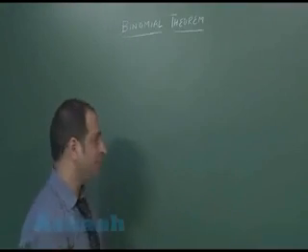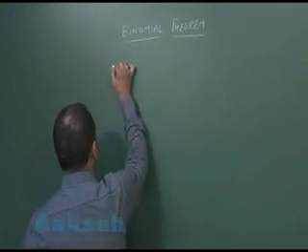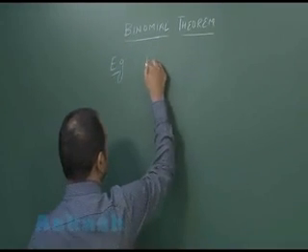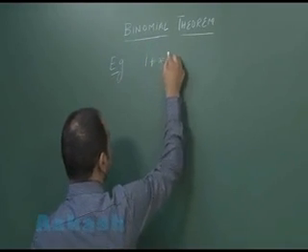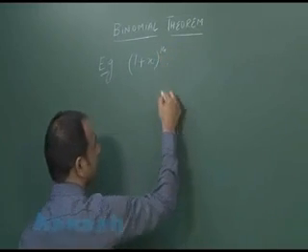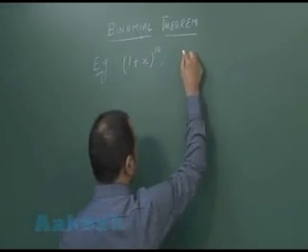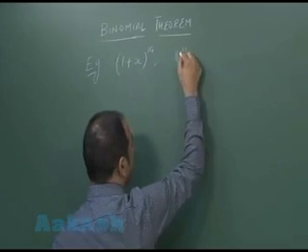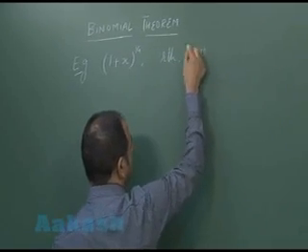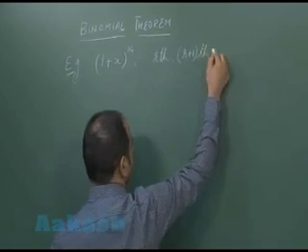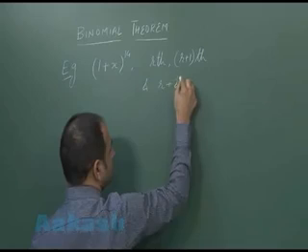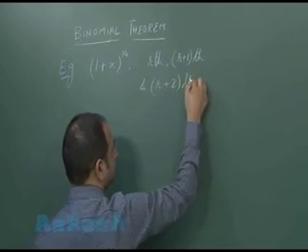Moving to next example. In this example, it is given in the expansion of 1 plus x whole raised to the power 14, the coefficients of rth term, r plus 1th term, and r plus 2th term are in AP.